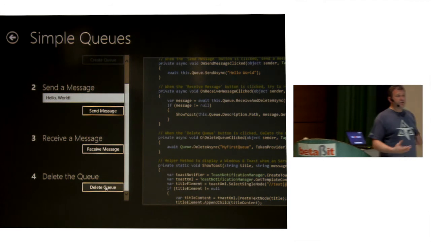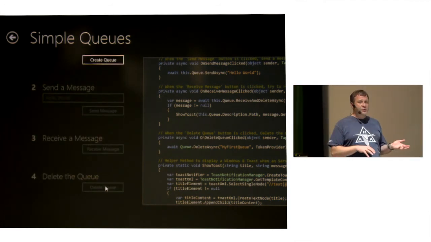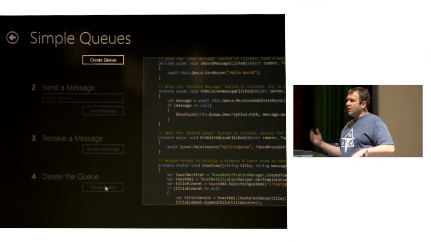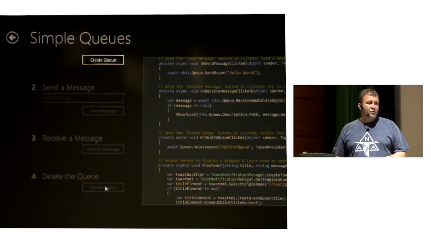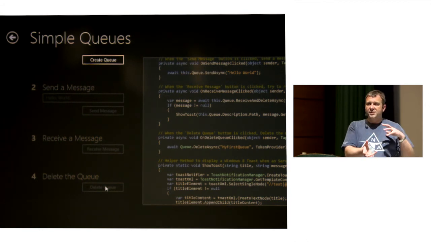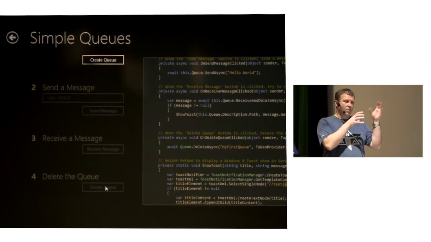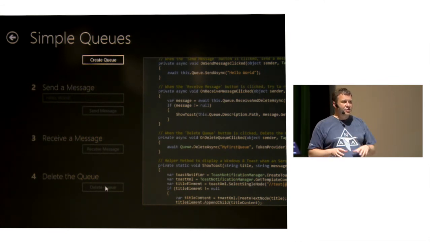So that's an integration for Metro-style apps, where Metro-style apps can go and communicate using Service Bus very easily using this SDK. And of course, the normal SDK, the full SDK, will work in desktop mode. So in the constrained environment that is Metro-style apps, for that we're going to have the integration for messaging.